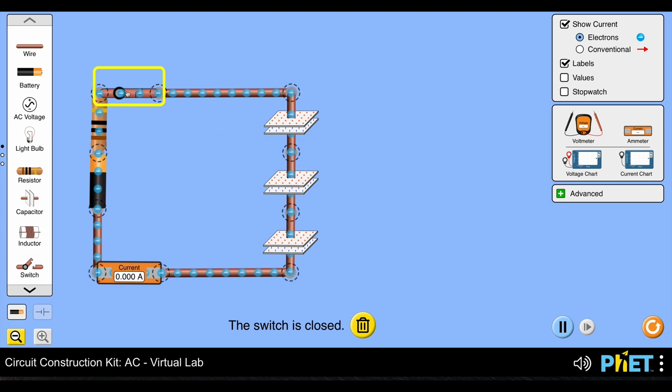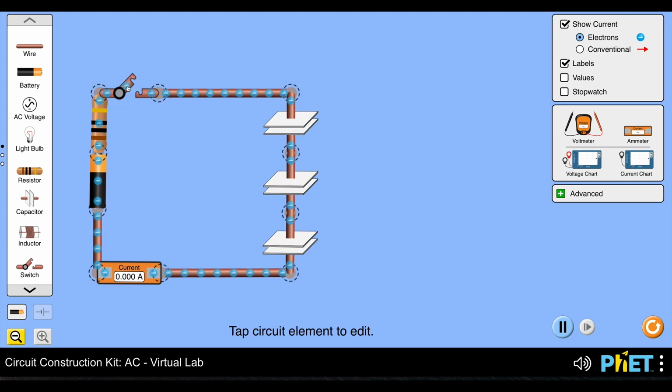However, unlike before, the current declined very quickly. And if you look closely, you'll notice that the individual capacitors contain less charge than what we saw in the parallel case. That happened pretty fast, so I'm going to show you that again. Let's watch what happens.